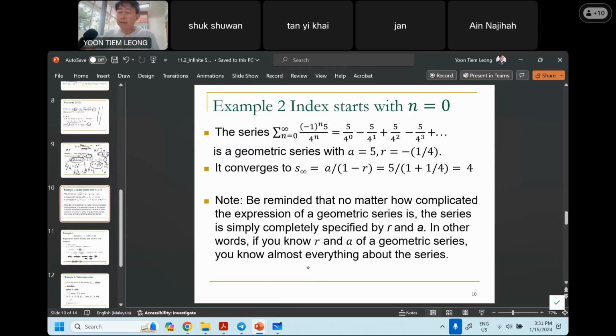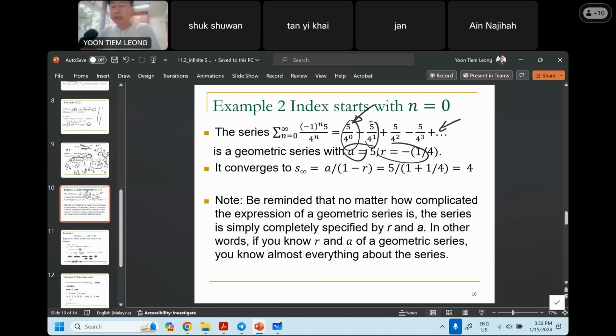So then you have another example. It looks like a very complicated example, appearing in the form of the sum of 5 times (-1/4) to the power n. Then you just have to analyze this series, and try to figure out what the a value is and what the ratio is. Right? Here the a value always refers to the first term in the series, and is just equal to 5.